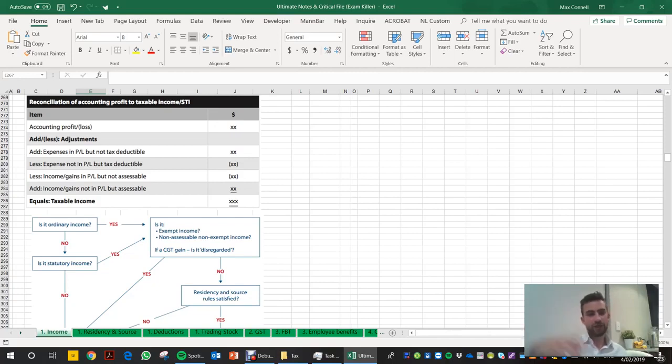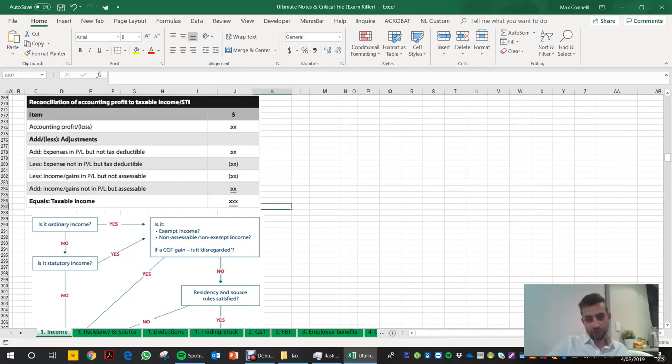So it's basically removing the differences between accounting and tax, and I've got some great notes for you when you get to these questions, which have a huge list of every different adjustment between tax and accounting and what to do with it. You just look it up and it's done.